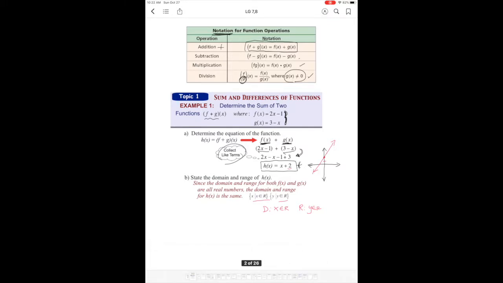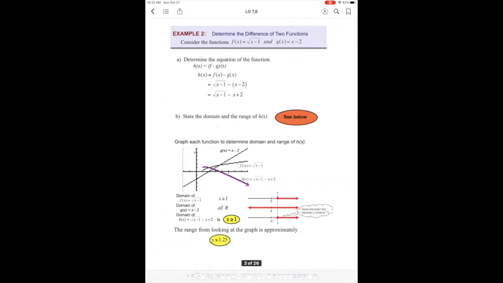Okay, so let's move on. Next page here. Now we are looking at two functions and we are subtracting. Again, write the functions out and put them together.